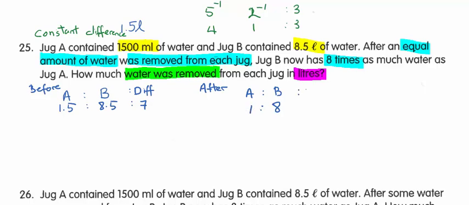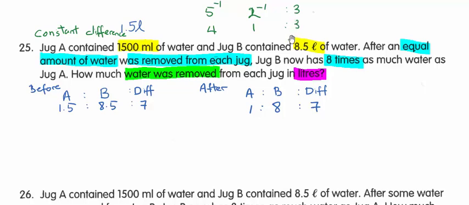And what is the difference? Wow, it's still 7. So from here we can actually immediately compare because when we talk about constant difference, what we have to do is to make the difference the same, because before and after my difference is still the same.